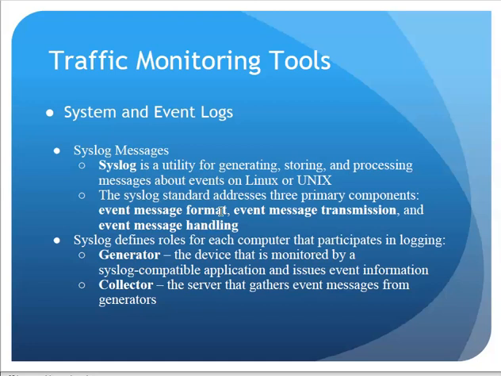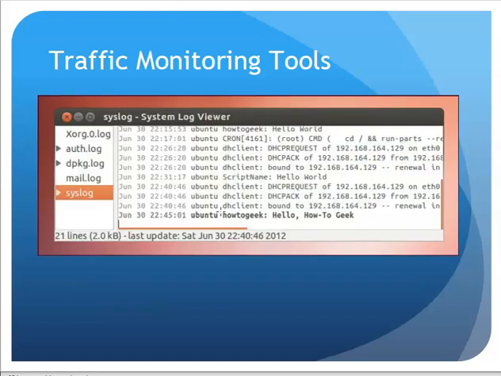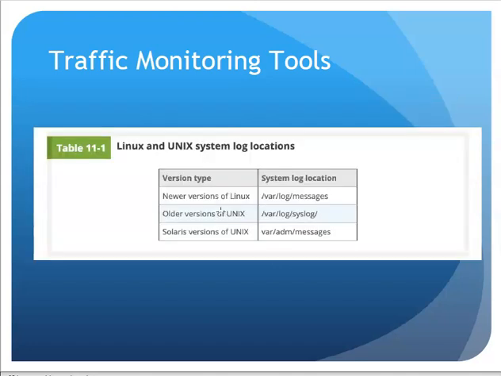It logs any events that are occurring on boot up, the failed IP or conflicted IP, those sorts of things. Here's an example of your syslog in an Ubuntu system, and then here are some locations of these logs in various versions of Linux. It's usually a var log type location where these are maintained, and you can look them up.